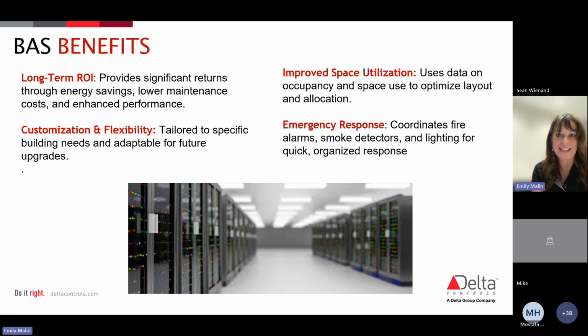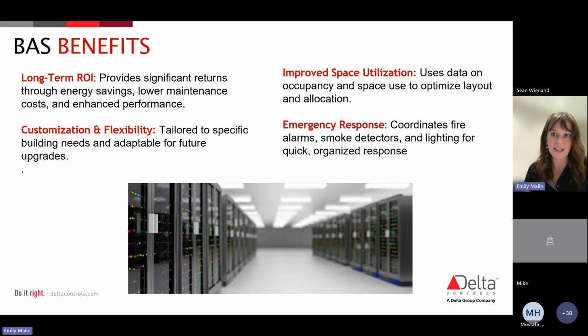The reason that I have a data center down there is for this next bullet point around improved space utilization. If we're engineers and we're called upon to work on the BAS system for a data center, looking at those data center halls, if you can monitor your energy usage and map that heat, spatial heat mapping is something we can do with a building automation system.